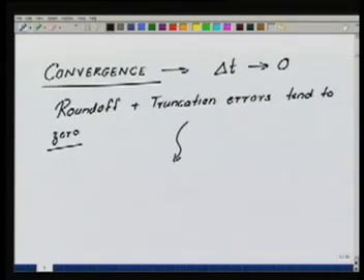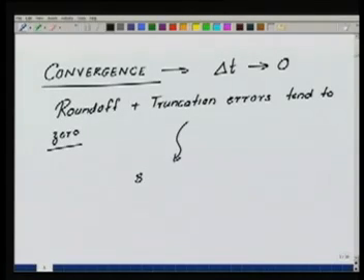This is very important: as delta t tends to 0, the round off and truncation errors tend to 0, which means that my solution is both consistent and stable. Then the solution converges to the exact one. So it has to be stable plus consistent for it to be convergent. What it says is that my solution to the system of ODEs converges to the exact solution for that system of ODEs as my delta t tends to 0.